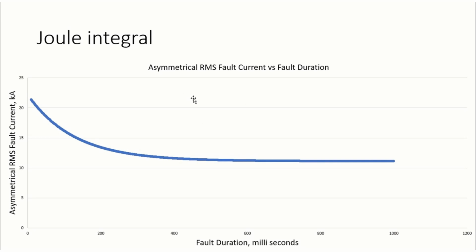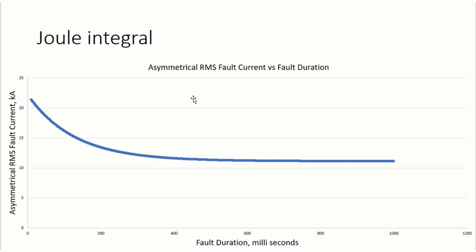As you see, there is an example of Joule integral, and here the fault current is shown up to 1 second, but after 500 milliseconds it reaches 12 kiloamp. But I want to observe only the subtransient part, up to, let's say, 100 milliseconds, where the current level is too high, starting from maybe 17 till 22 kiloamp.